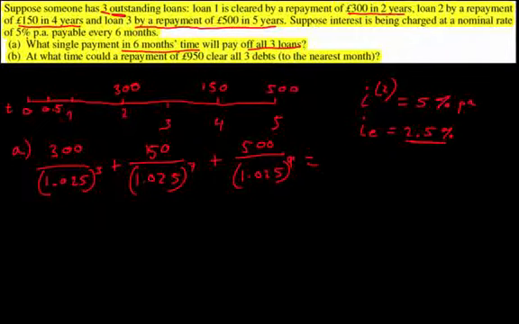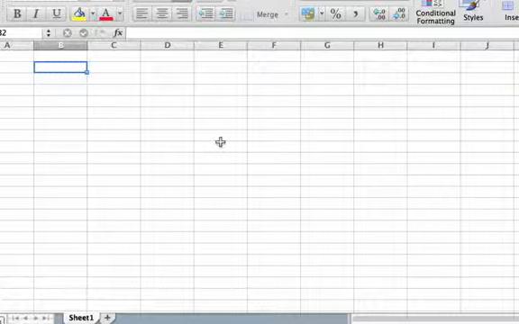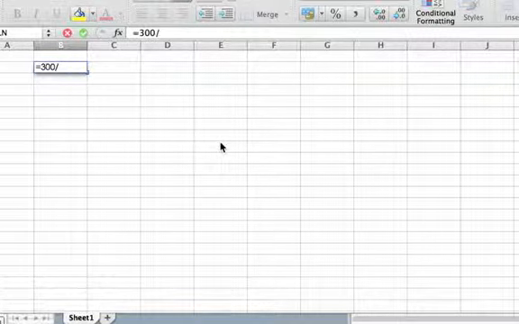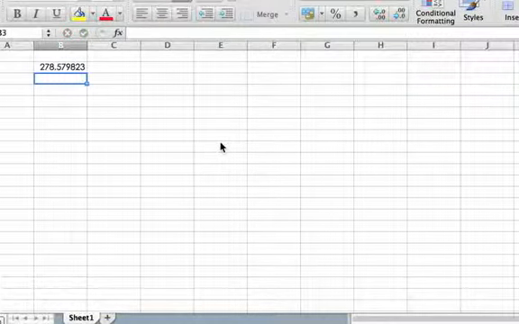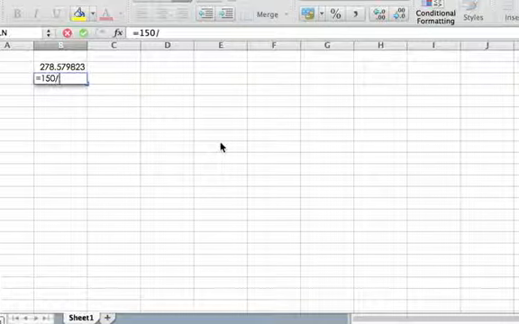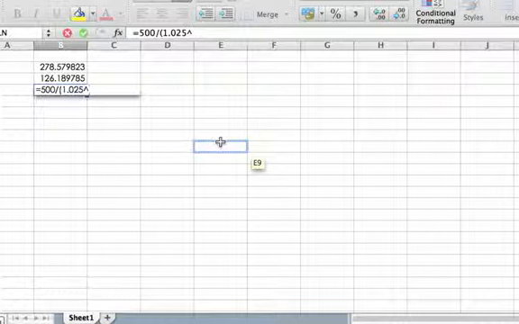So I'm going to use Excel in this case to find this one out. The first one was 300 divided by 1.025 to the power of 3. The next one was 150 divided by 1.025 to the power of 7. And the next one was 500 divided by 1.025 to the power of 9.